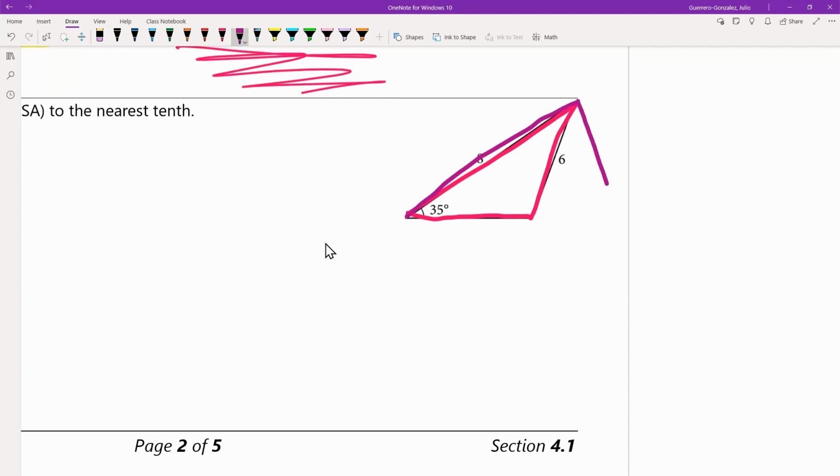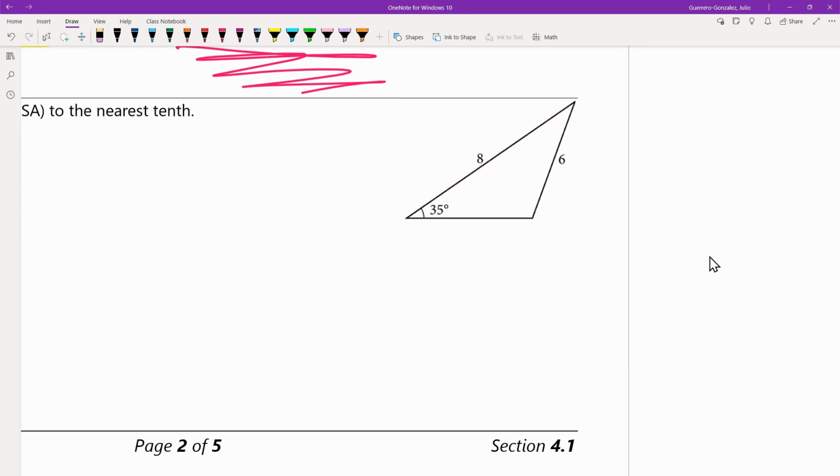Bam, bam, bam. Okay. Both of these triangles have the same angle, one side and another side, right? But the shapes of the triangles themselves are different. Okay. This is what's considered the ambiguous case.